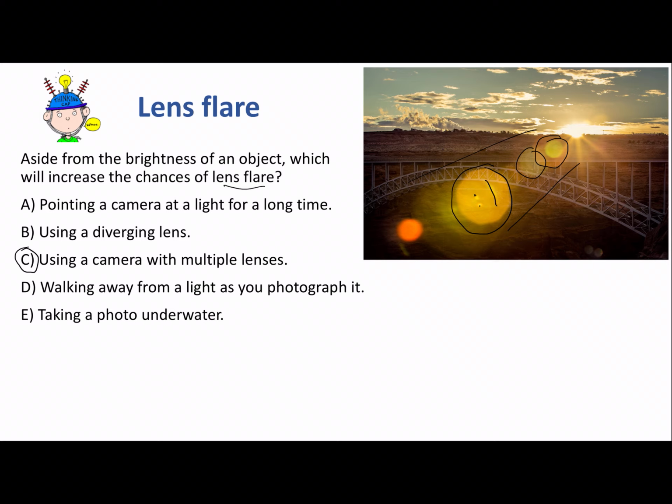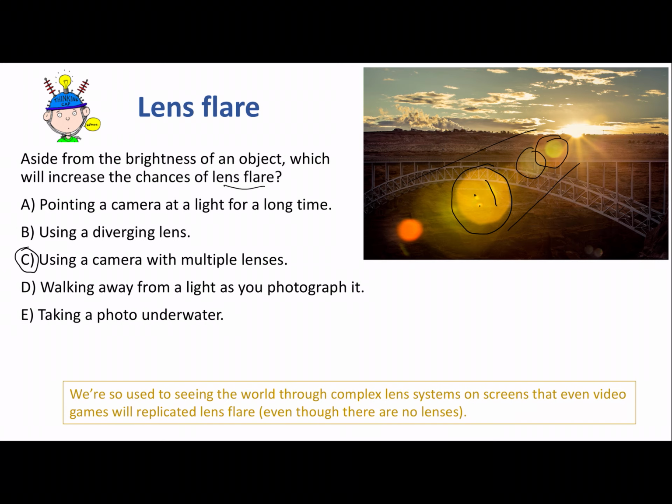Maybe you've noticed it too. If you've seen any kind of animation, or sometimes animation in video games will do this, often they'll recreate lens flare. Often if you see a picture of the sun or a bright light, they'll recreate all of these polygons and circles and artifacts emanating from that bright light. Turns out, you only get that with a camera lens. Modern day camera lenses are actually quite complicated.